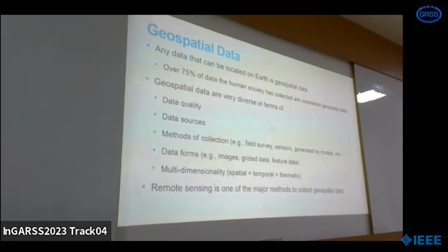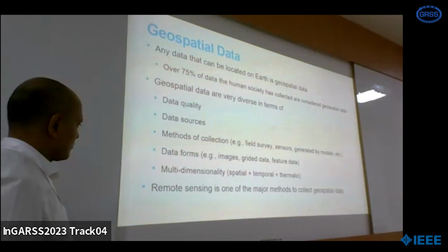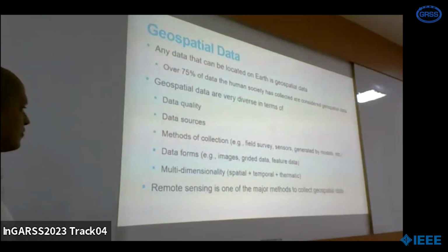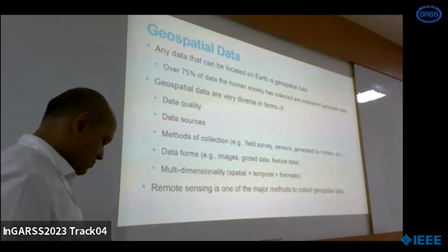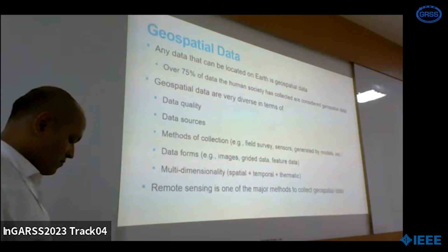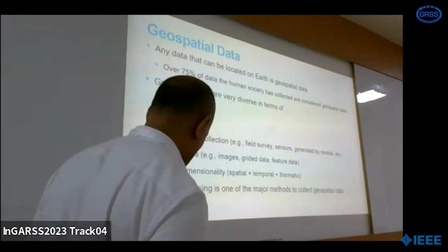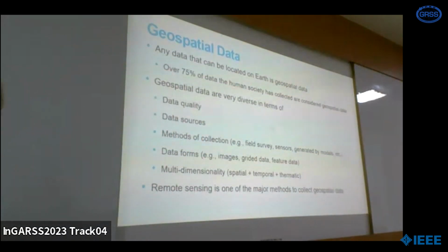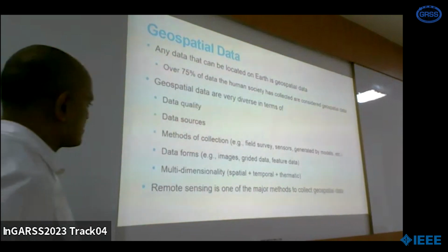They are very diverse in terms of data quality, because different people collect the data and the quality may be significantly different. The data sources are very diverse, and so are the methods of collection. For example, we use field surveys and different sensors. The sensor could be remote, on a satellite or on an airplane or UAV or on the ground, or data could be generated by different models. So the method of collection of data is very diverse.